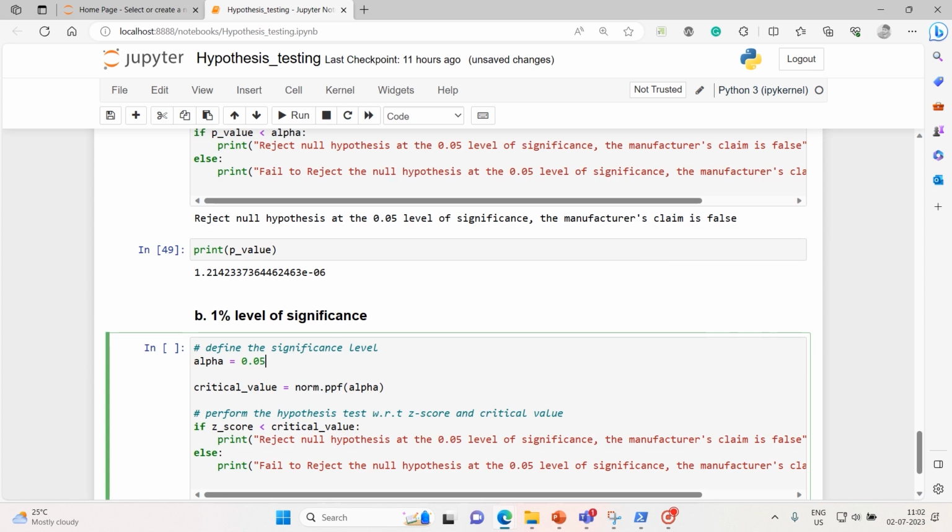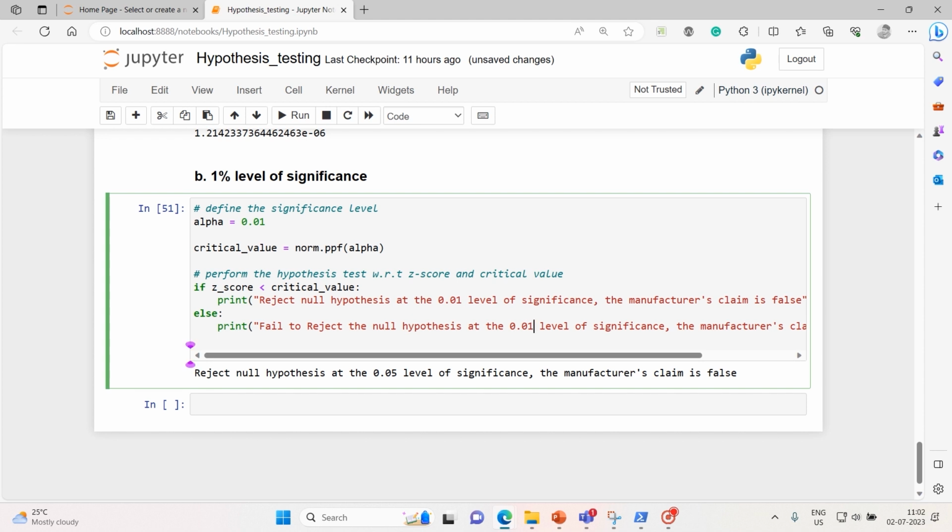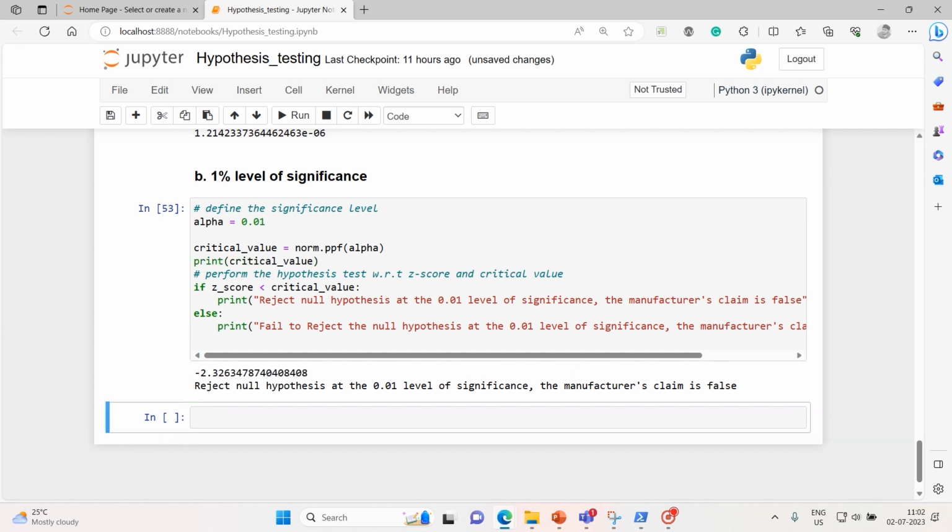Let me change this alpha to 0.01, keep the rest the same, and execute it. Here we got the same response. Let me print the critical value also. The critical value is minus 2.33.